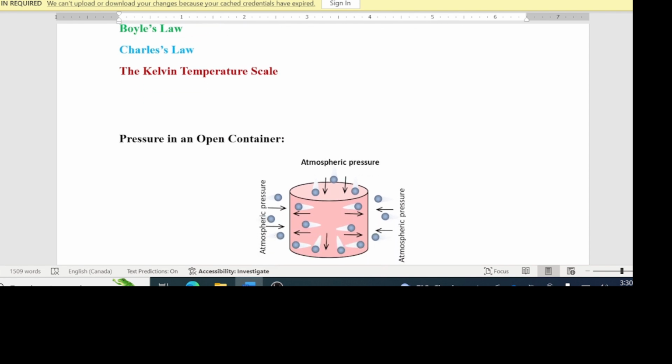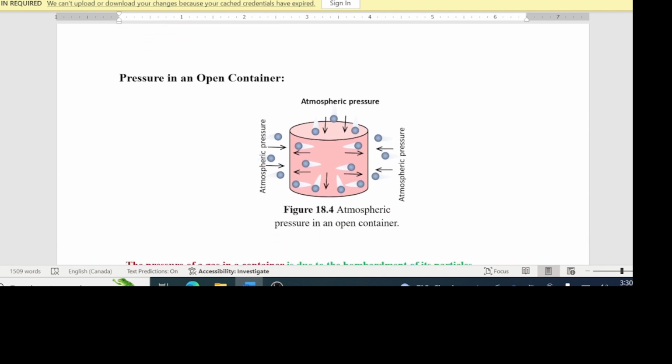Here we have an open system, an open can, and we just want to talk about what type of pressure the inside of the can will experience versus that outside. Because it is an open can, the pressure inside is having the same effect on the inner walls of the container as the pressure outside.